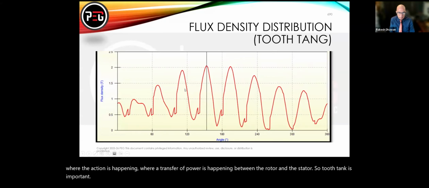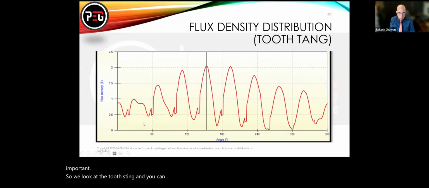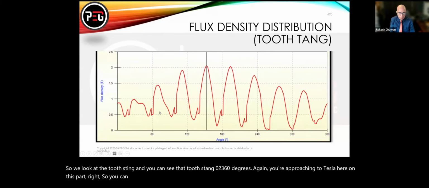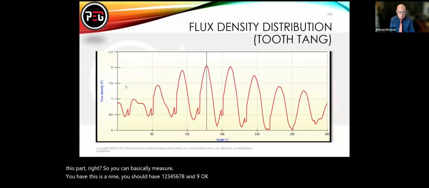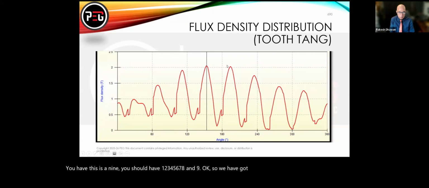So we look at the tooth tang from 0 to 360 degrees again, and you're approaching 2 Tesla on this part, right? This is a 9-slot design, so you should have 1, 2, 3, 4, 5, 6, 7, 8, and 9 peaks.